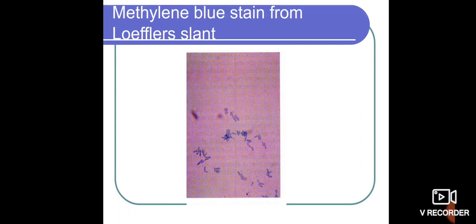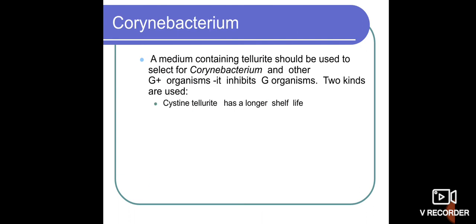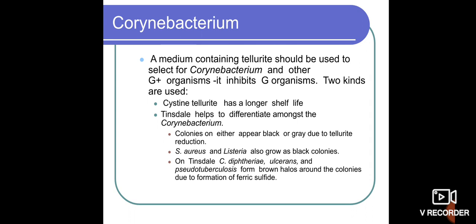When we take a sample from the Loeffler serum slant and stain the bacteria with methylene blue stain, we can see this type of arrangement. Diphtheria bacilli grow on the Loeffler serum slope very rapidly.